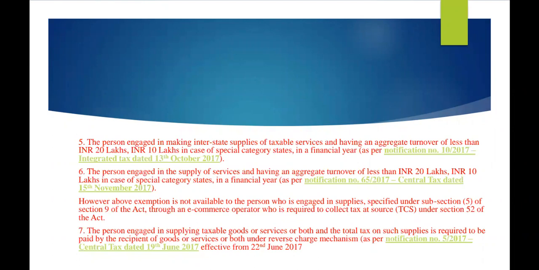Now it is applicable for services. The earlier point which we saw was applicable for goods. Now this is applicable for services. However, the above exemption is not available to a person who is engaged in supplies specified under section 9(5) of this Act through an e-commerce operator who is required to collect tax at source under section 52 of this Act.